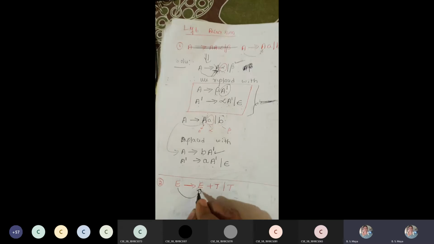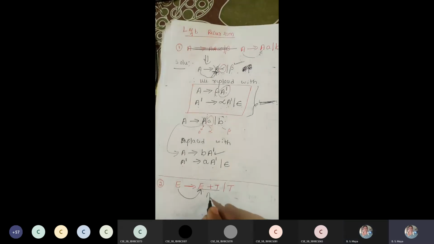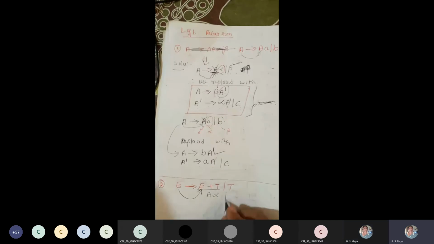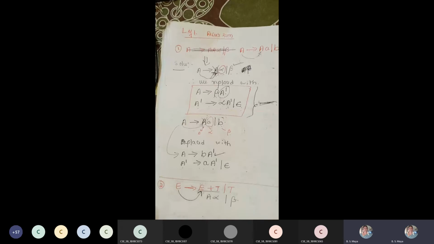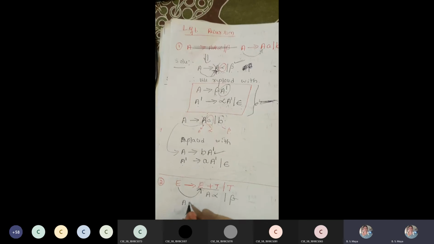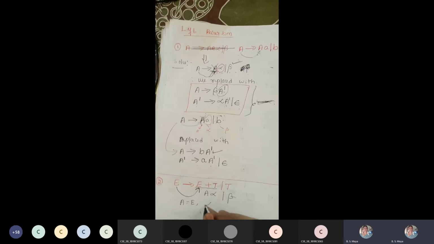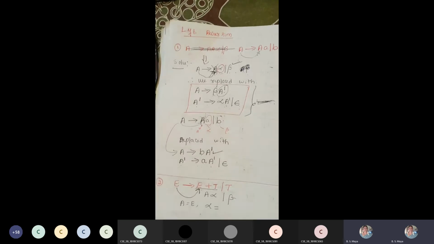This whole thing is what now? A alpha. This is beta. Now tell me what A is. A is equal to E. For your reference I am writing. What is alpha now? Except E, the remaining symbols we call alpha.